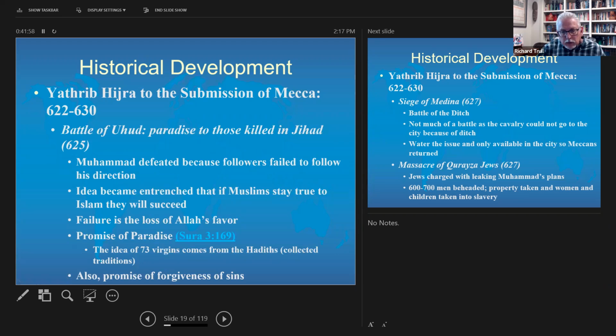And if you die for your faith in jihad, you're promised forgiveness automatically, which is different from Christianity, where if you believe in Jesus and you're a follower, you automatically get forgiveness. Forgiveness isn't like that in Islam as much. But if you die in jihad, you're assured of heaven, where otherwise that assurance isn't there like it is in Christianity.